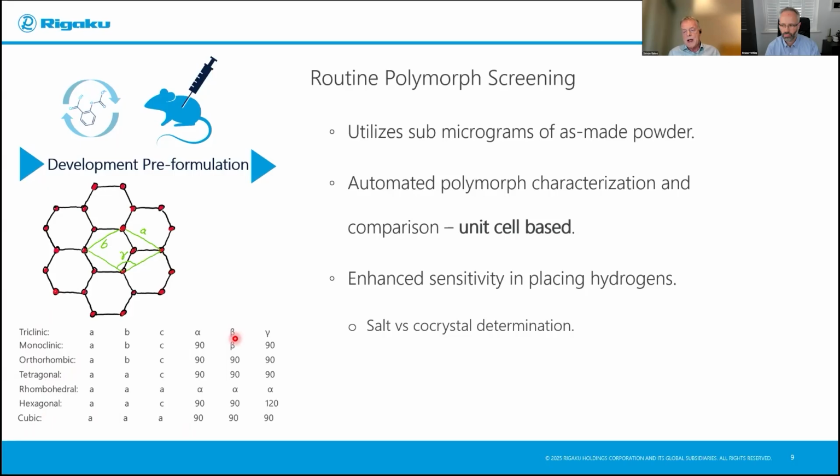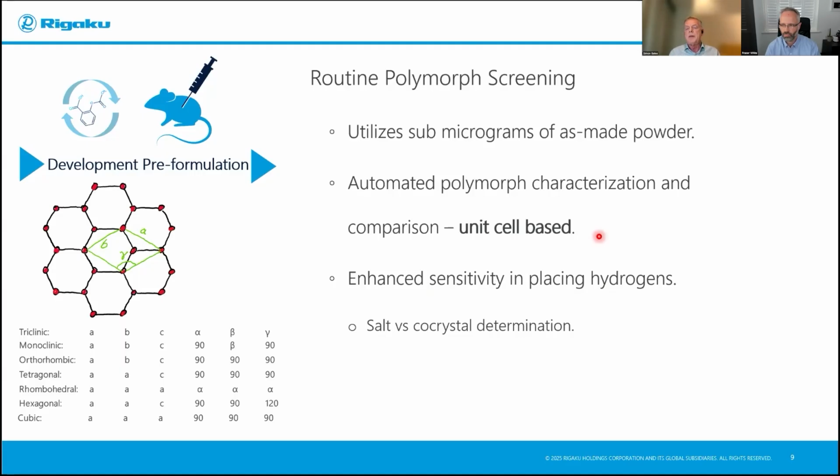Furthermore, electron diffraction is rather sensitive to hydrogens. You'd have to go through the dynamic calculation pathway in order to really properly place the hydrogens. But electron diffraction is uniquely sensitive to hydrogens, which when you have a crystal with a coformer inside the crystal, we can identify clearly whether you're dealing with a salt or you're dealing with a co-crystal.